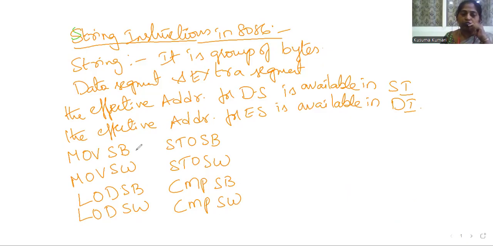Move means data segment to extra segment. Load means data segment to accumulator. Store means accumulator to extra segment. Compare string byte means the string byte available in the data segment is compared with the string byte available in the extra segment. That is string instructions in 8086.